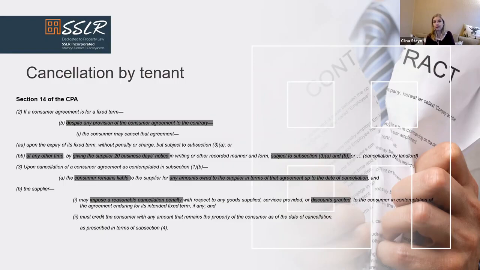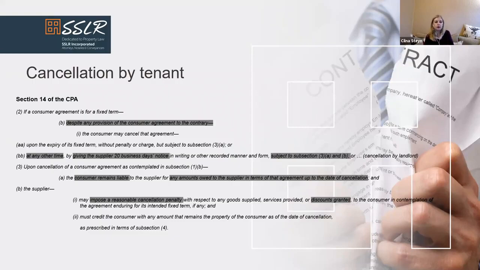That's not a proper recorded manner. And that's why you need to look at the provisions of your lease agreement, see how the parties must communicate. And if the tenant gives you notice in terms of this section, make sure the tenant does it in a proper, recorded form that is agreed to in terms of the lease agreement.